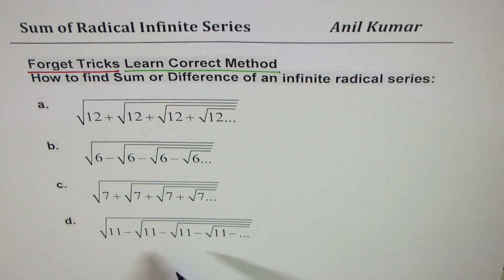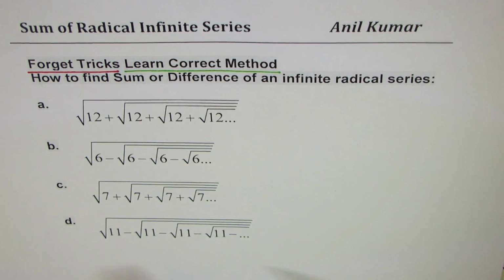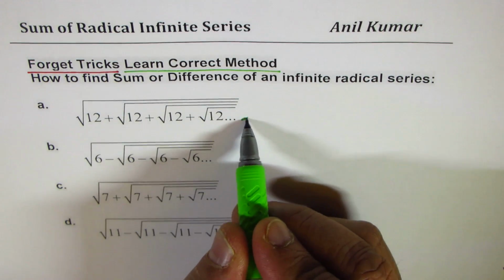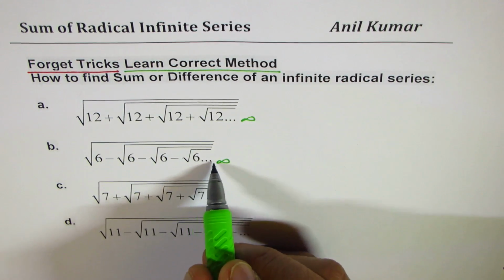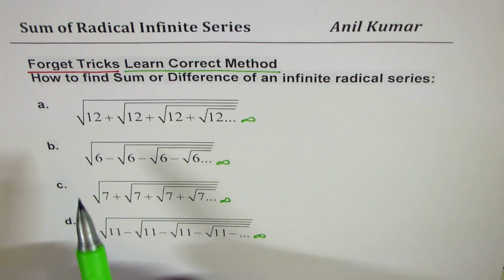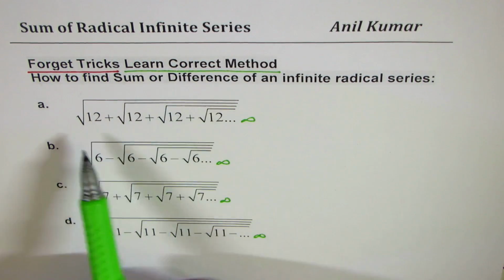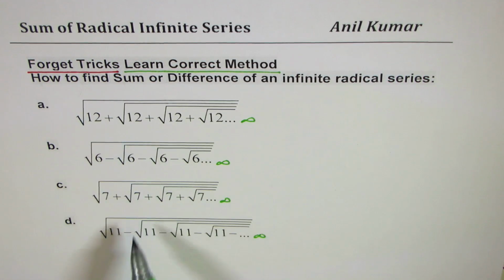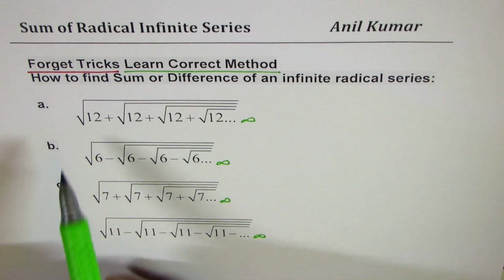So we have four examples here. Let us see how to solve such questions. All these are infinite series, so when we say these dots, that means the series goes on and on. So we need to find sum or difference for these numbers, which are radicals.